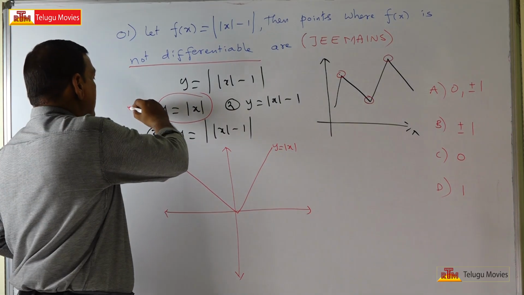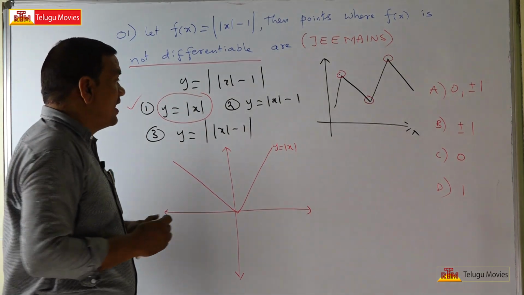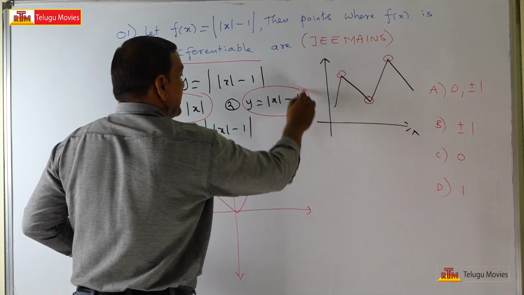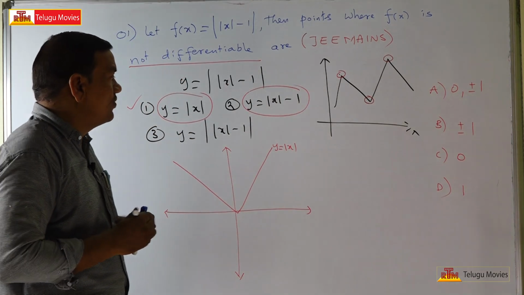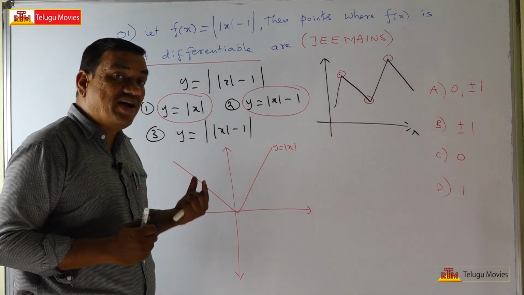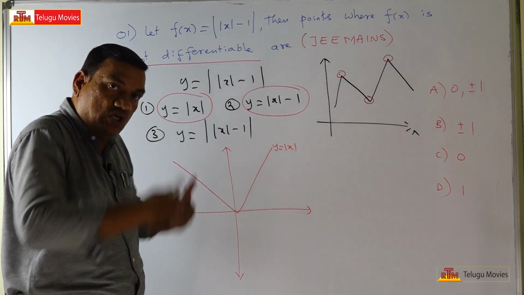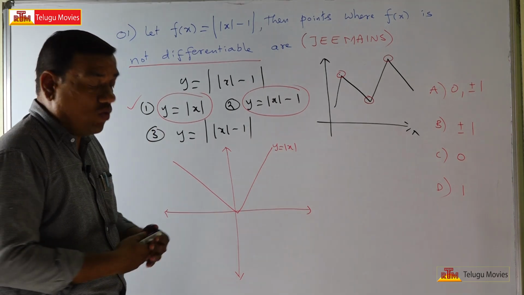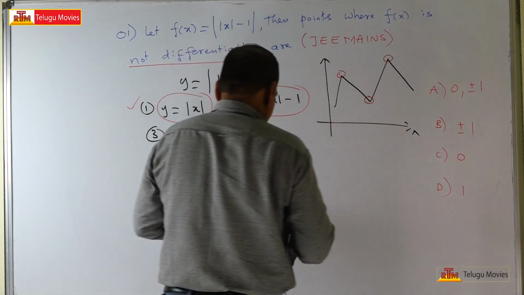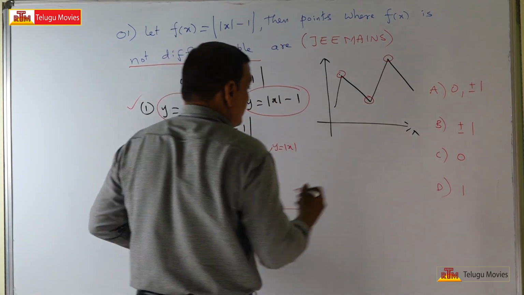This is the first graph. Now coming to the second graph. What is the second graph? Y is equal to modulus of x minus 1 means what? The total graph comes down 1 unit, so your graph will be like this.